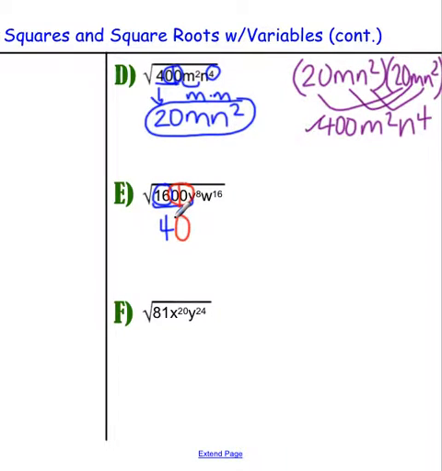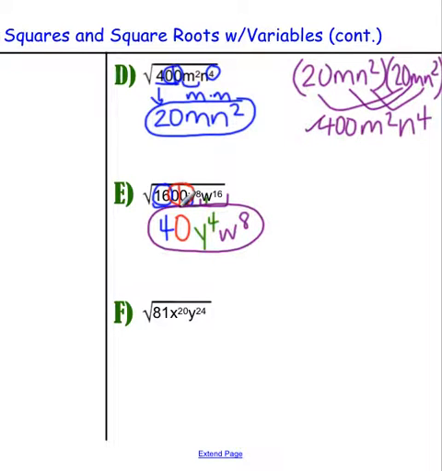Then I have y to the 8th. The square root of y to the 8th is going to be y to the 4th, because 8 divided by 2 is 4. And w to the 16th is going to become w to the 8th, because 16 divided by 2 is 8.